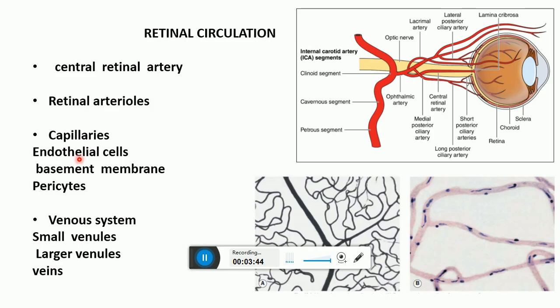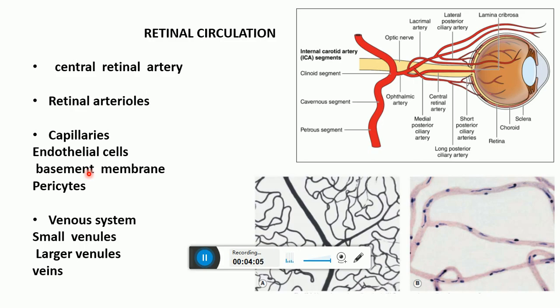So endothelial cells form the inner blood retinal barrier. The basement membrane lies beneath the endothelial cells, with an outer basal lamina enclosing the pericytes.